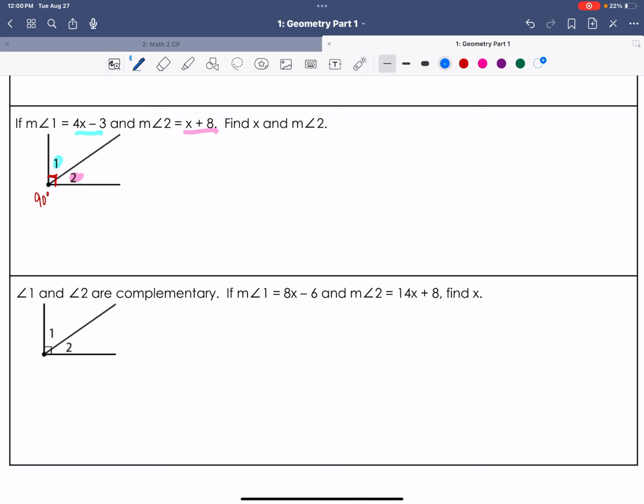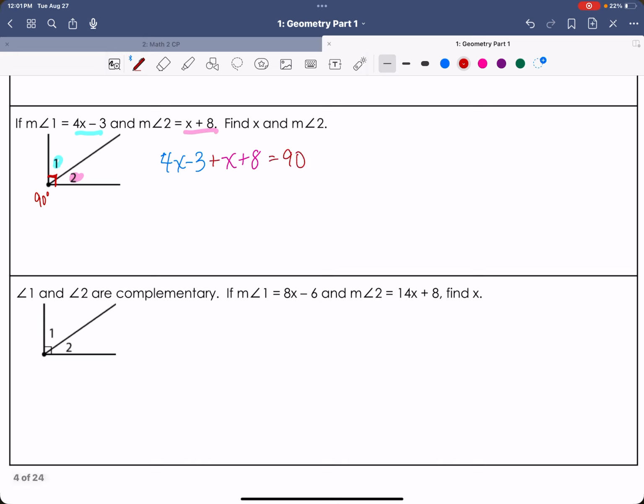So you're going to take the first angle, 4x minus 3, and you're going to add it to the second angle, x plus 8, and then you're going to set it equal to 90.